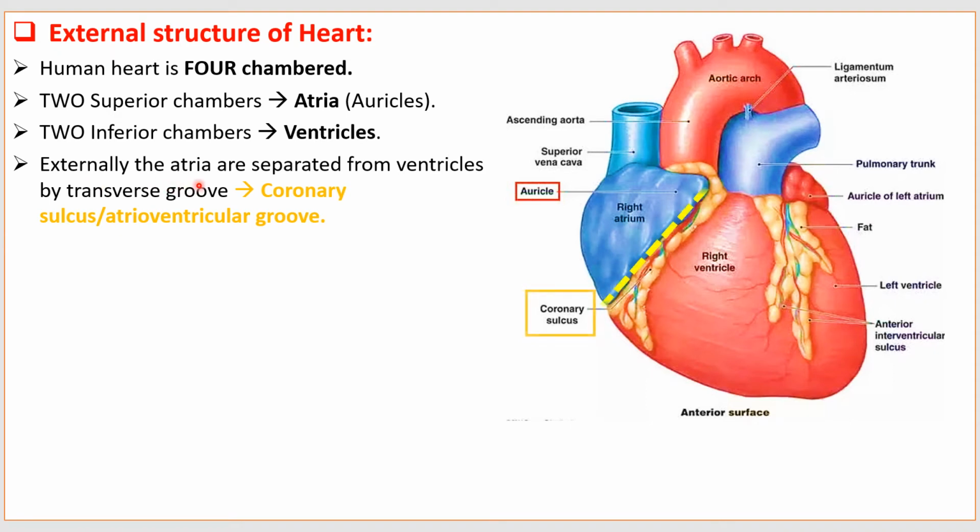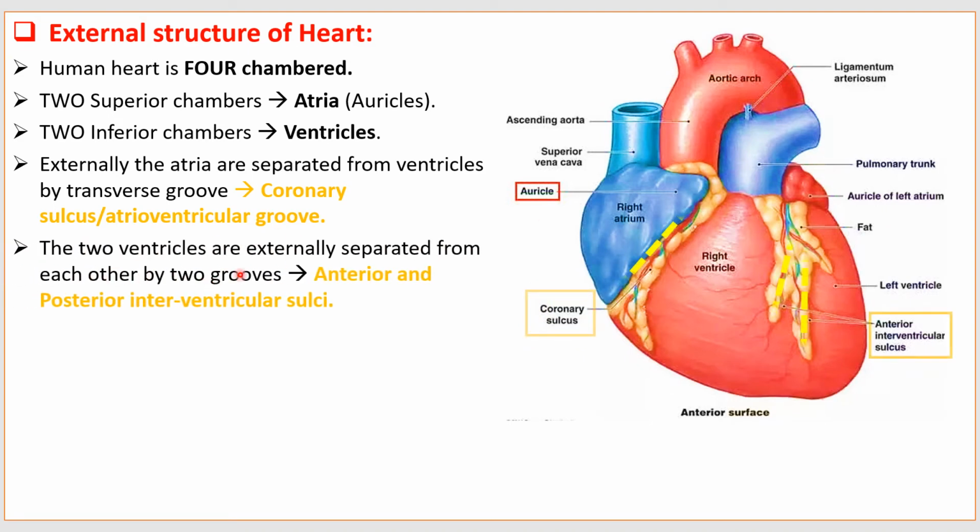Externally, the atria are separated from the ventricles by a transverse groove. Look here, this is the transverse groove, called the coronary sulcus or atrioventricular groove.